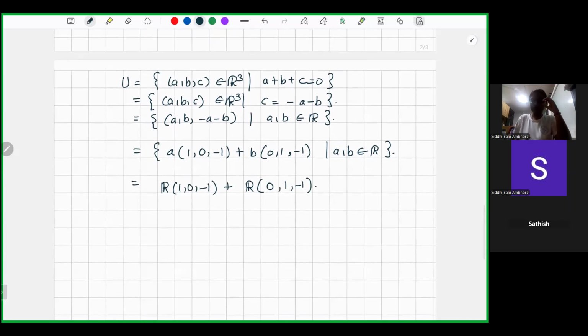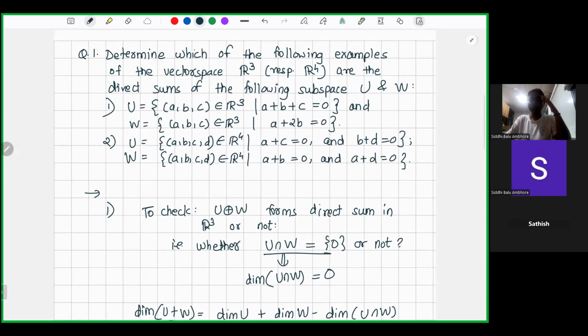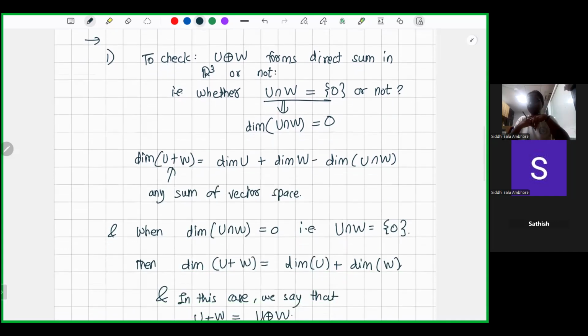So this is what we have. What we are trying to do here is check whether these U and W are subspaces of R3, and whether U plus W forms a direct sum of R3 or not. We will do that by calculating dimension.